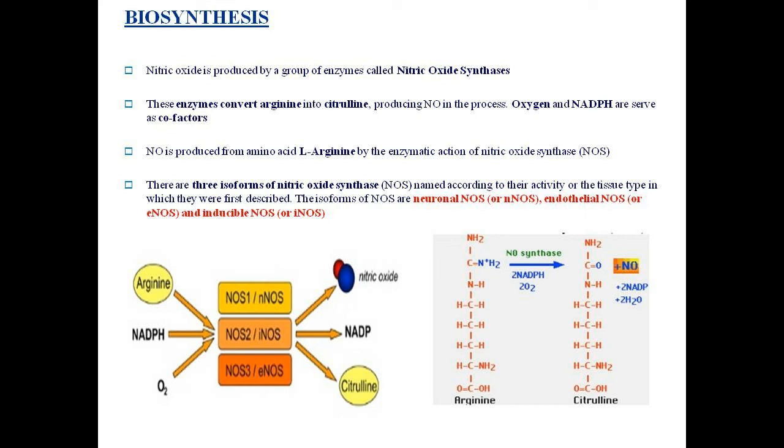Now there are different types of nitric oxide synthases. These have been classified according to their activity or according to the tissue type in which they were first described. So the isoforms of NOS include the neuronal NOS or nNOS, then endothelial NOS or eNOS, and then inducible NOS or iNOS.